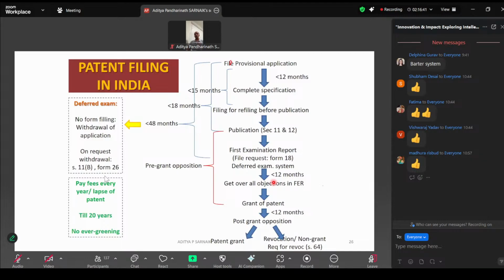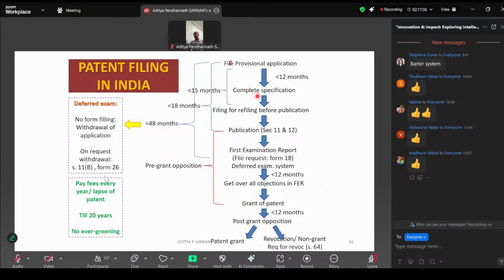Okay, I mentioned earlier how to file a patent in India. So first you file a provisional patent. Within 12 months, you file a complete patent, and then you can file for refiling before first publication. Now the gap between filing and refiling is around 15 months or less. And then what happens is the publication of the patent, which is very, very important.